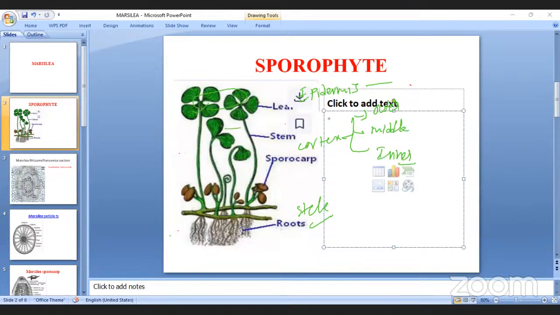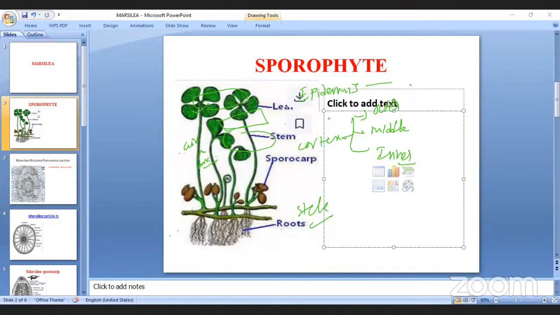This is outer cortex. Hypodermis is called the outer cortex. Present just below the epidermis is called hypodermis. It is made up of thin-walled parenchyma, the same character as rhizome. And the middle cortex, the same, lies below the hypodermis and is called aerenchyma. You can see this aerenchyma structure clearly in the diagram, with air, septa with air.